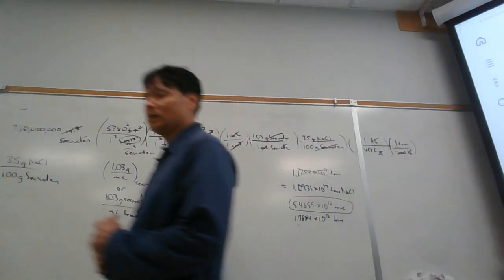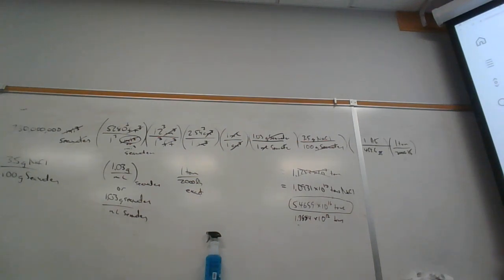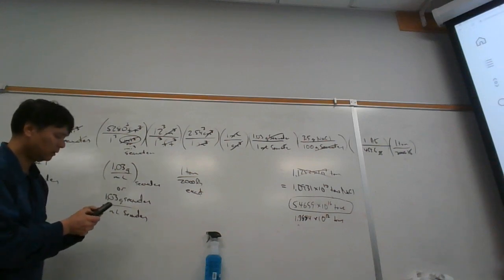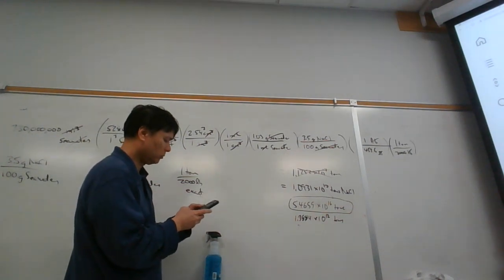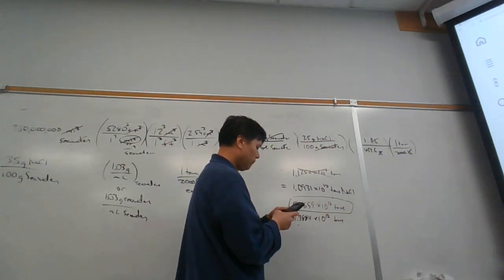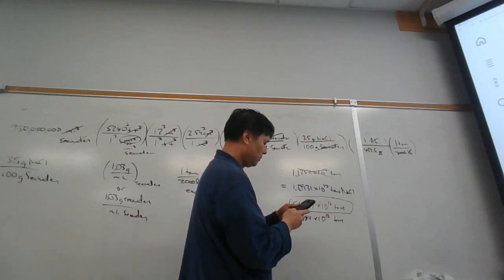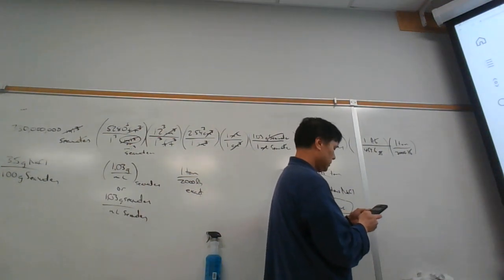So let's do the calculation again in the calculator and see what we get. 330 million times 5280 cubed times 12 cubed times 2.54 cubed times 1.03 times 3.5 divided by 100 divided by 453.6 divided by 2,000.